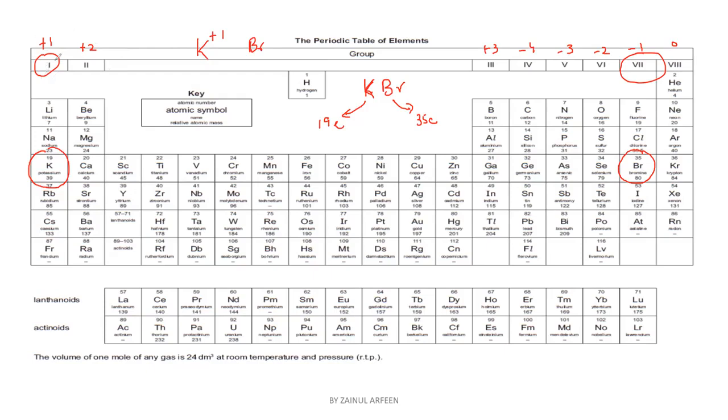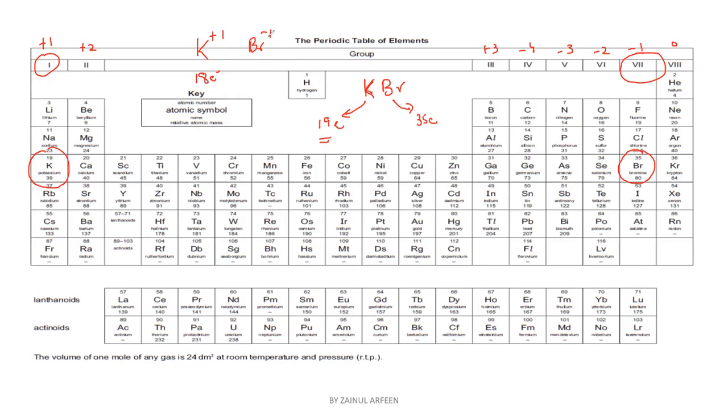So when potassium and bromine react with each other, potassium will form a potassium ion, which will be K+, and bromine will form a bromide ion, which will be Br-. In potassium atom, there are 19 electrons. But because in an ionic compound ions are formed, it will form a potassium ion. How many electrons will be there? 18 electrons, because it loses 1. A positive ion means a loss of electron.